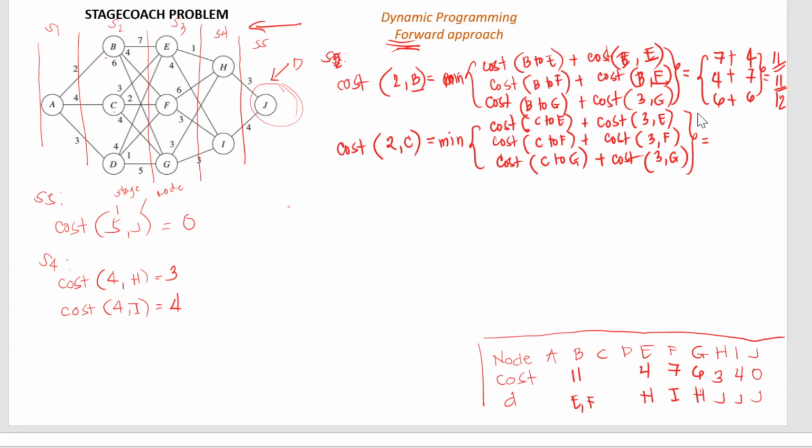Okay, so, getting the values, C to E, F, G, the values are 3, 2, 4. So, that would be 3, 2, 4.